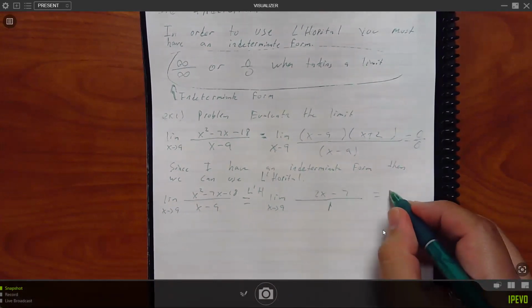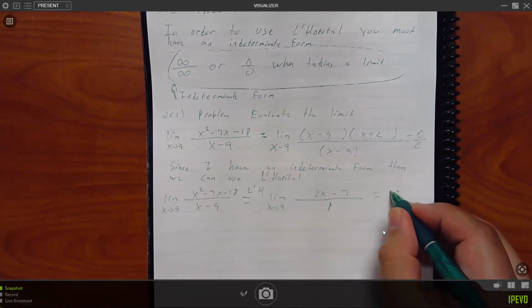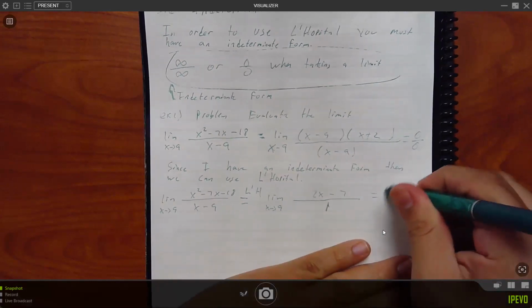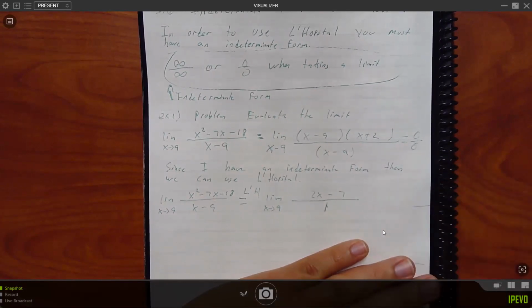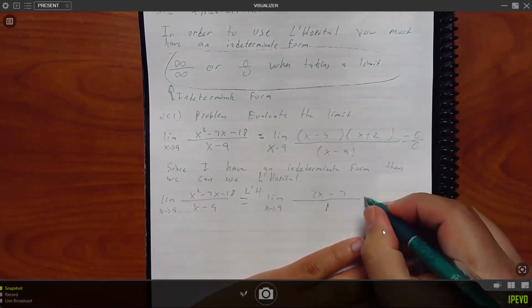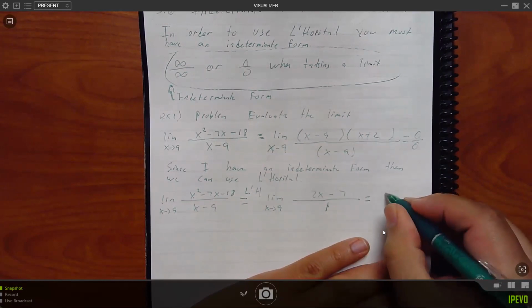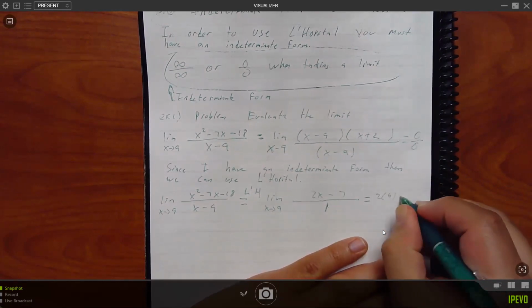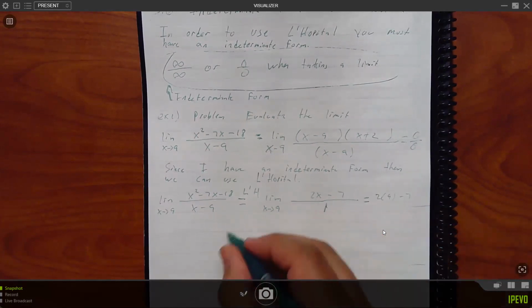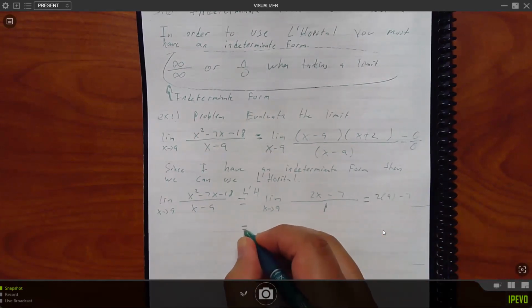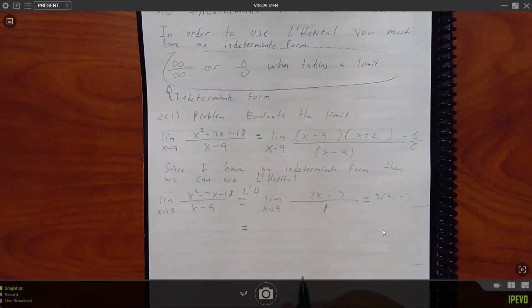We get, let me show this stuff here. You get 2 times 9 minus 7, which is 11, right?